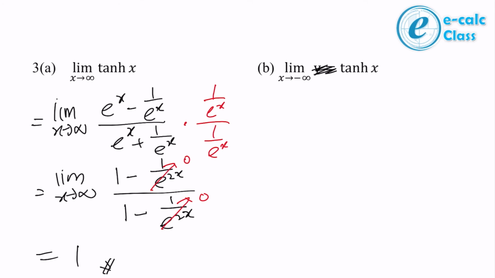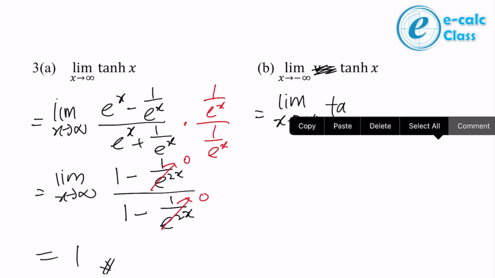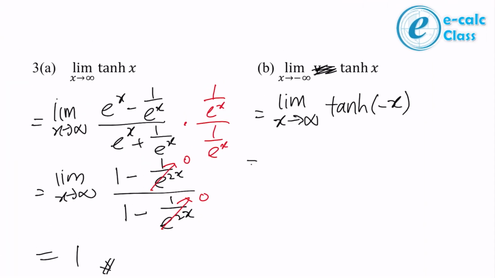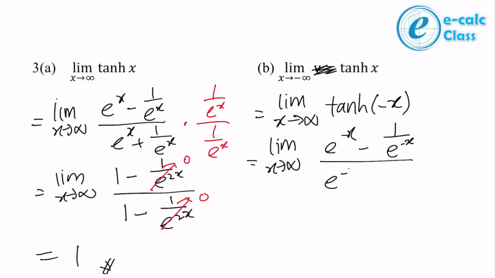So as I said, you just change your x to be negative x, sorry, tangent hyperbolic of negative x. So just do the exact same step. E to the negative x minus 1 over e to the negative x, over e to the negative x plus 1 over e to the negative x.